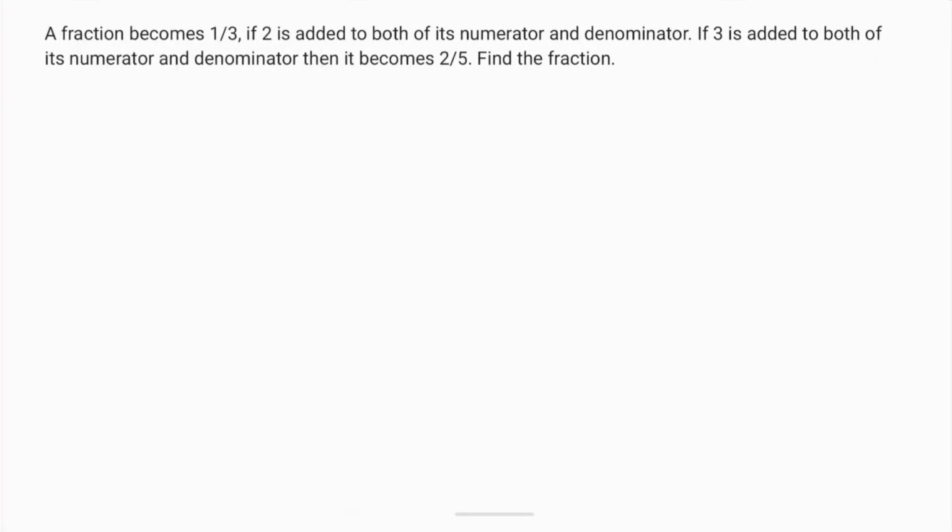Next one, the fraction becomes 1 by 3 if 2 is added to both the numerator and denominator. So let us assume the fraction as a by b. Here a is the numerator and b is the denominator. See, what is the first condition given?